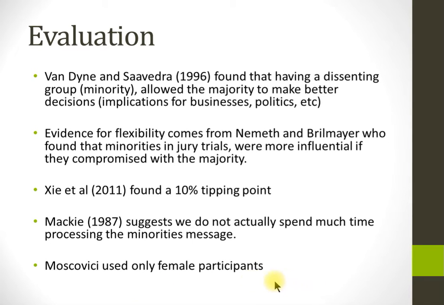Some research shows, for example, that women tend to conform at higher rates, and there are many evolutionary reasons why that might be the case. But that means that if Moscovici is using female participants, we can't easily generalize to men, and that makes the external validity of the study limited.